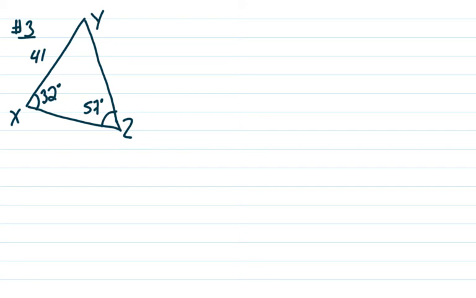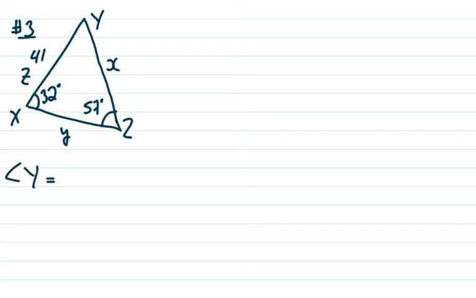So opposite of angle Y will be lowercase y, opposite angle X will be lowercase x, and opposite angle Z will be lowercase z. So first we're going to find the missing angle, and then we'll find the missing sides and add them together to find the perimeter. So the missing angle is Y.